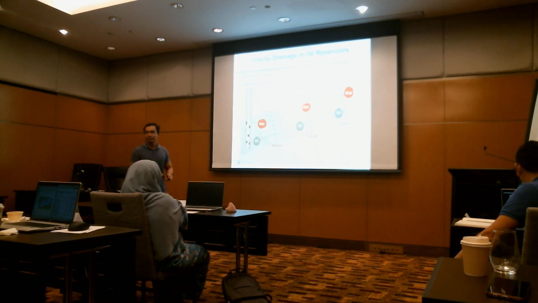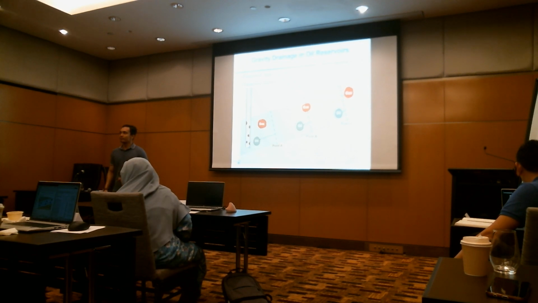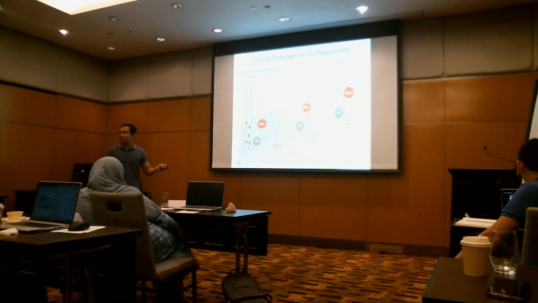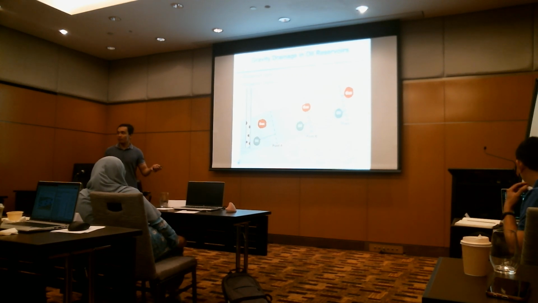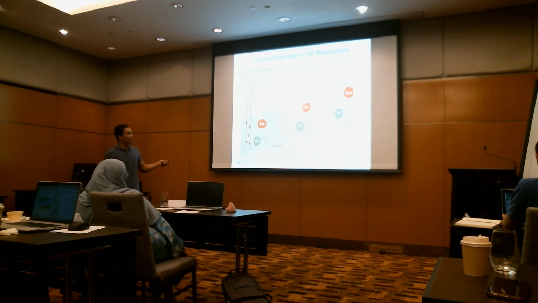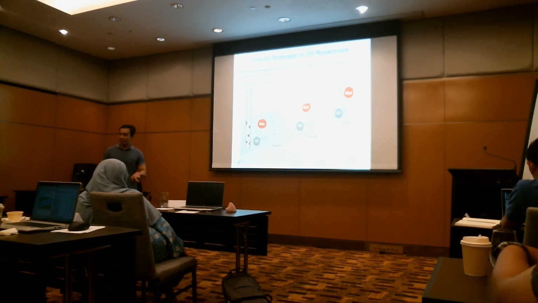So this is for a reservoir with free gas. You can have a solution gas drive, or gas cap. But this example is mainly showing the solution gas drive. As you produce, gas will separate from the oil. Because of gravity, with less density, gas goes to the top.